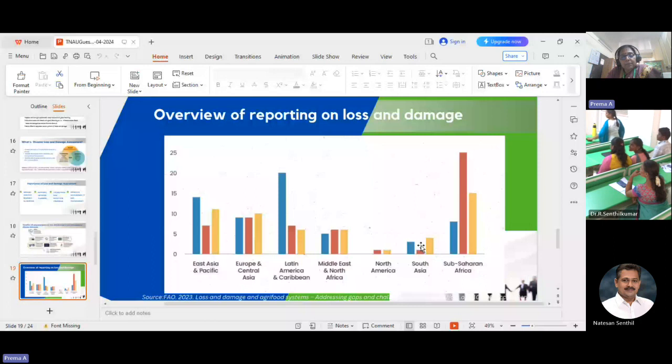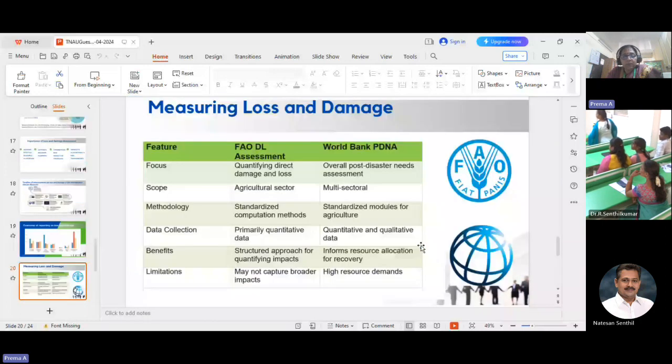So there are different methods used for loss and damage also. One is the FAO damage and loss assessment methodology, and the other one is the World Bank post-disaster need assessment. The post-disaster need assessment is mainly for deciding on resource allocation for recovery, whereas the damage and loss assessment is for quantifying the impacts.